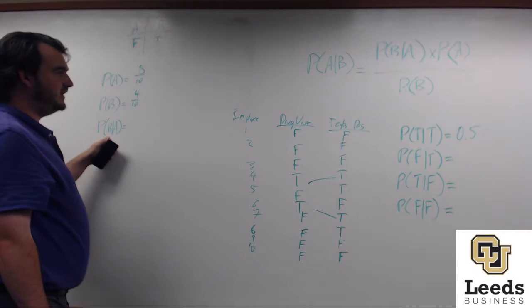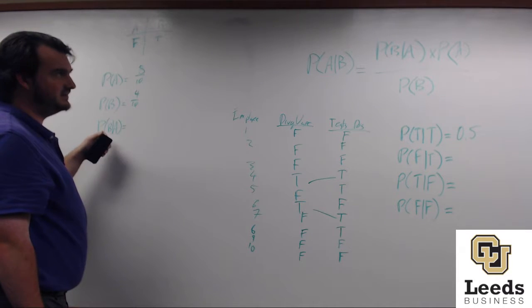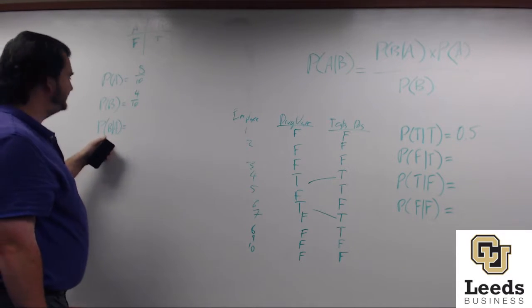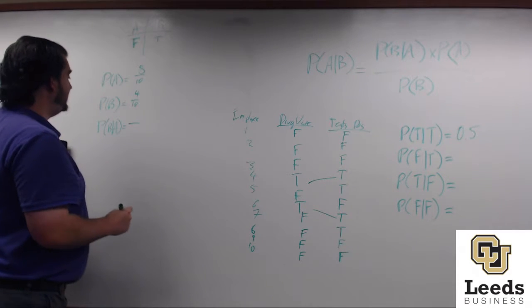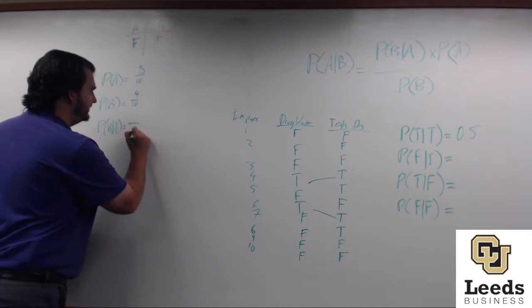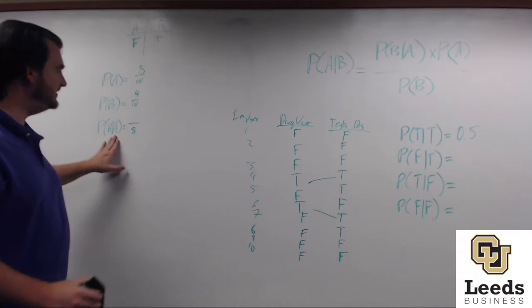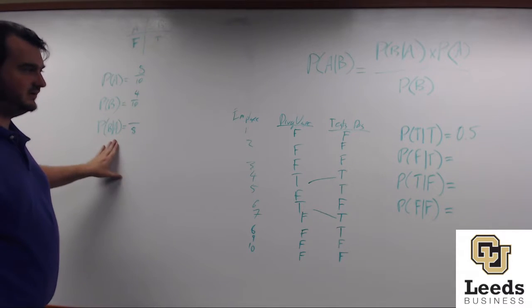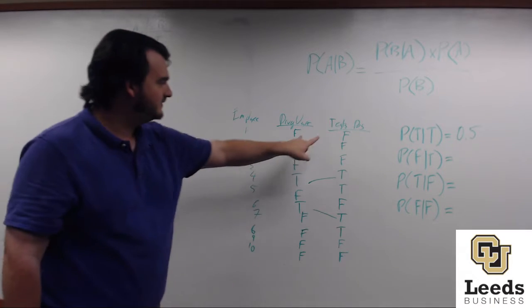Of cases where they were actually drug users, how often did the test say they weren't? So, we have how many cases where it's actually false? 8. For those 8 cases of not using drugs, how often did the test say they would?